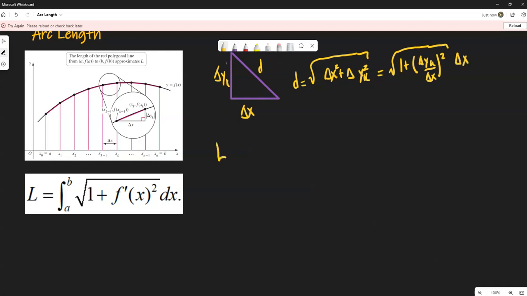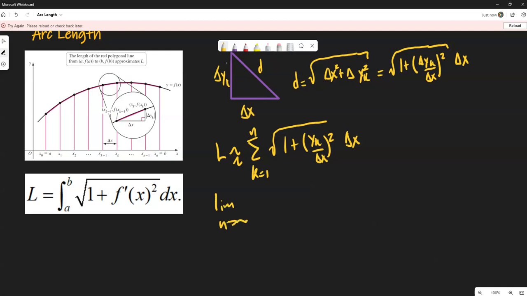So the measure of the arc is going to be approximately equal to the series summation k equals 1 to n, where we take the square root of 1 plus delta yk over delta x, and all of that squared, times delta x. But we can refine this to where we take the limit as n tends to infinity.